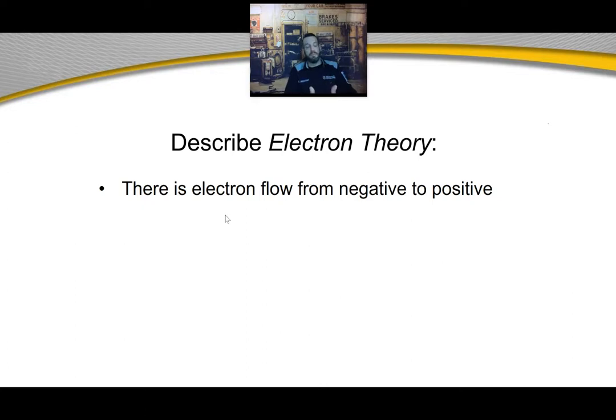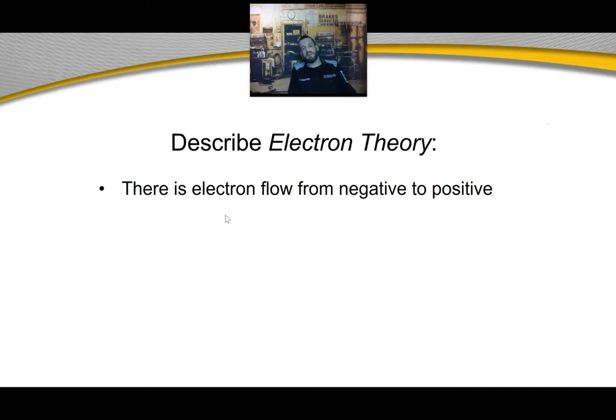Now, back in the day, I'm talking like the 1800s, they started making cars and electrical stuff like that. Conventional theory is what they thought happened. They thought electrons flowed from the imbalance from positive to negative. Now, I believe in maybe the 1920s or 1930s, they figured out that is not what happens.